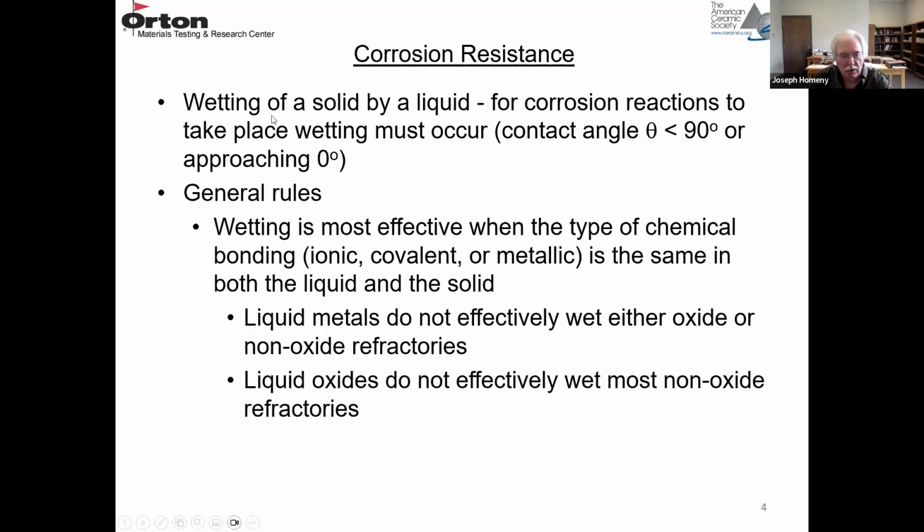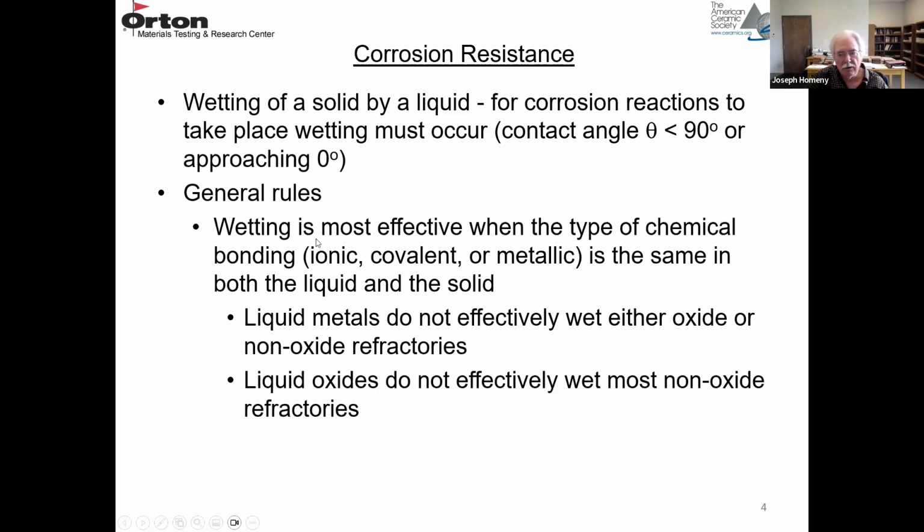So we'll just look at wetting of a solid by a liquid. For any type of corrosion reaction to take place, wetting must occur. And wetting is defined by a contact angle. So if the contact angle theta is less than 90 or approaching 0, which is complete wetting, that's the condition you need for corrosion to take place. Some general rules.